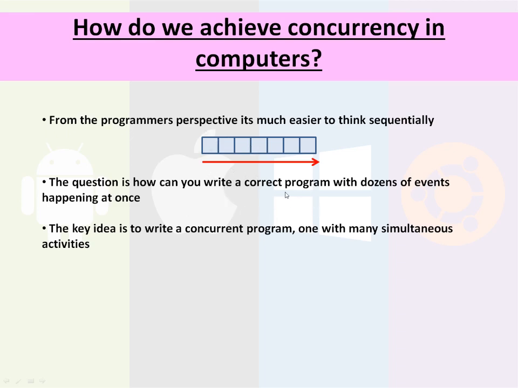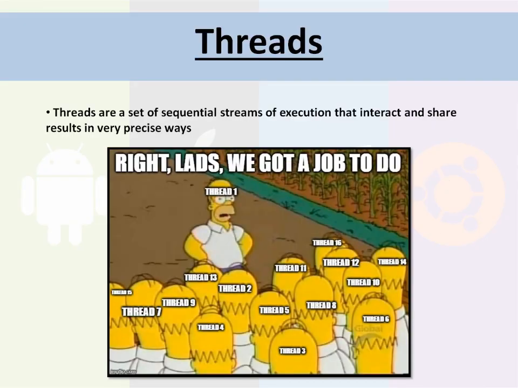And by correct program, this is important because we still want the program to calculate solutions or to perform tasks correctly. And that becomes a lot harder when working in parallel, as we'll see later on in this lecture. Now, the key idea is to write a concurrent program, and that is one with many simultaneous activities. And the solution to how we go about doing this is threads.